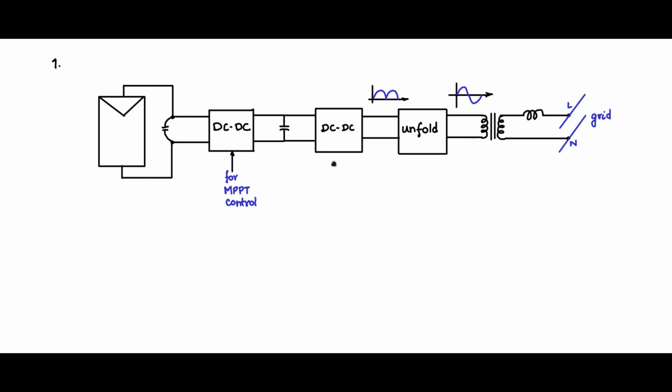Observe that this DC-DC converter also has a control input, but this control input is used for modulating the output voltage of this. It can be used for voltage control or current control.